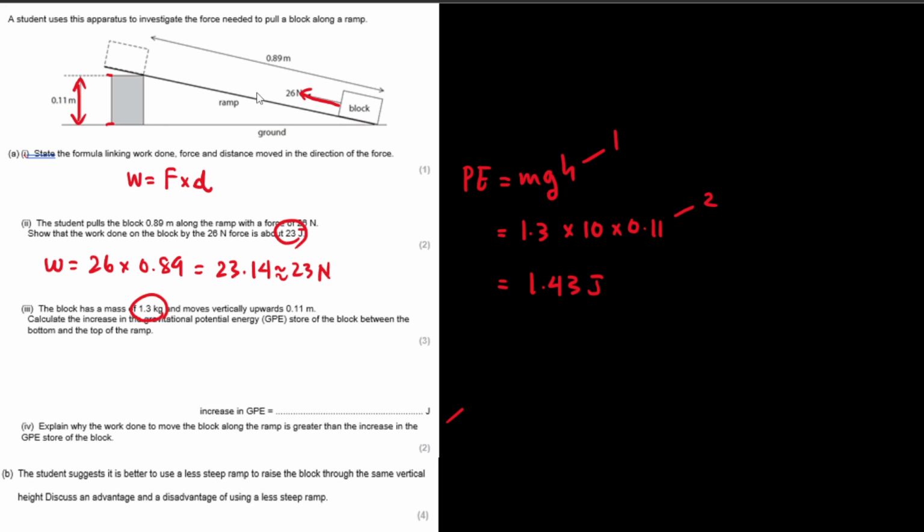First of all, it's because this ramp has friction. So you can say that it is because of friction. Alright, so another mark: it's because your energy right here is transferred to the surroundings mechanically.